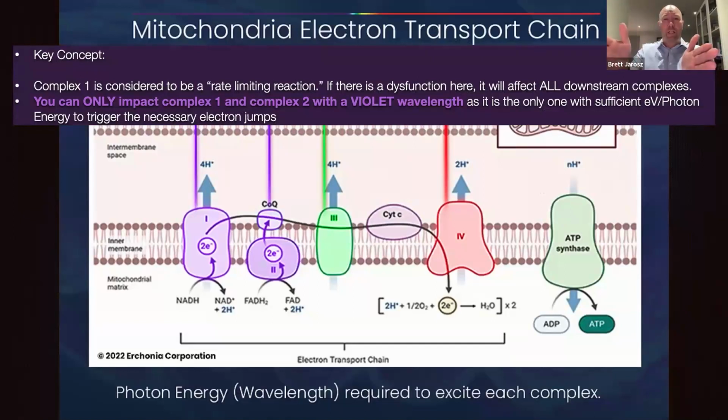Well, the function of the electron transport chain is not going to be efficient as it moves through because it's already been dysfunctional at the start. So we can only impact complex 1 and 2 of the mitochondria with a violet wavelength, as it's the only one with sufficient electron volts or photon energy to trigger the necessary electron jumps.